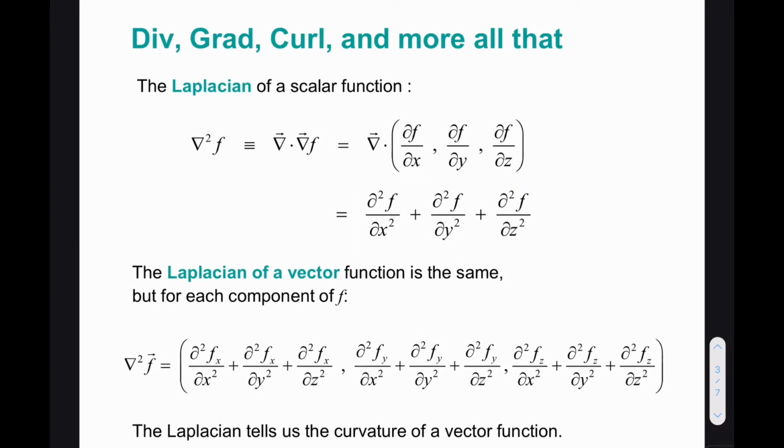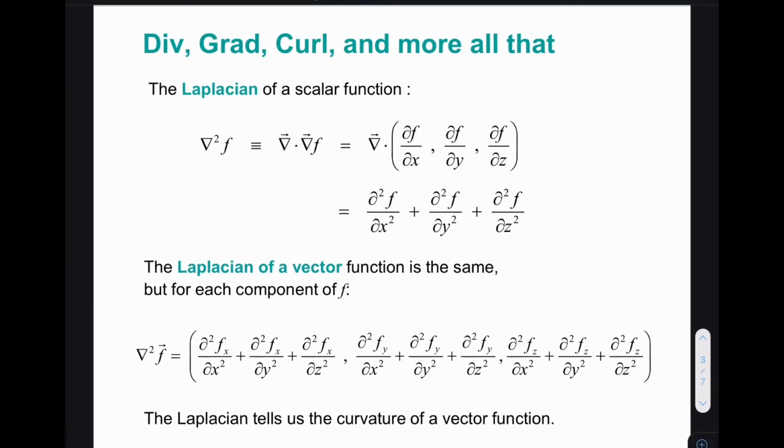That's how we get to this result. Now, what happens when we apply the Laplacian to a vector function? Well, it still gives us this result, but for each component of that vector function. Now, what does this Laplacian really mean?